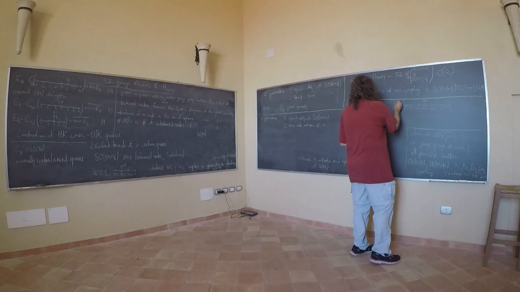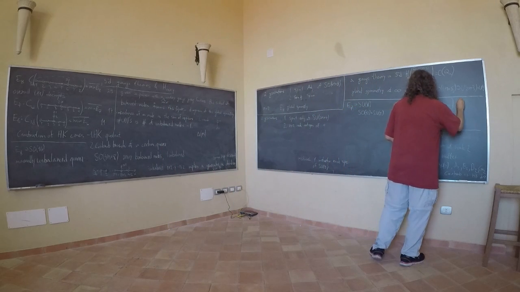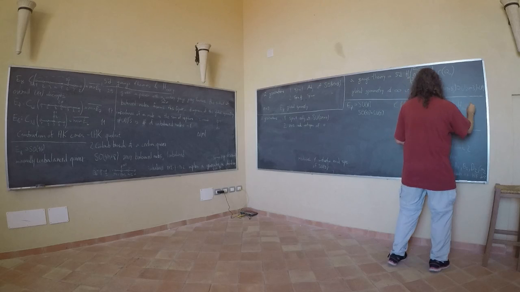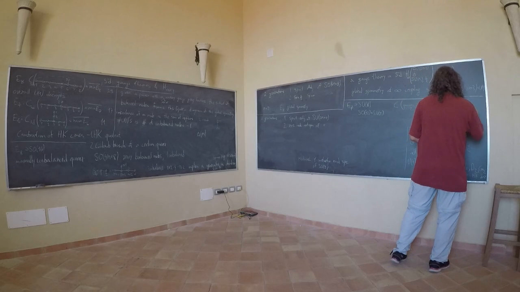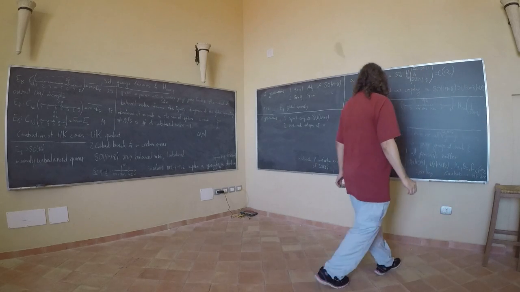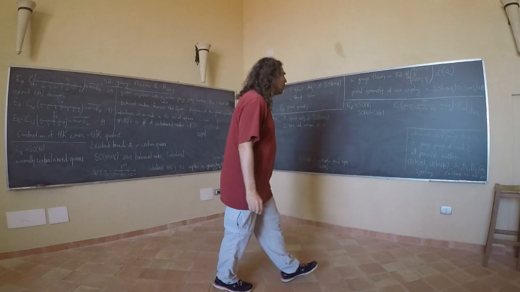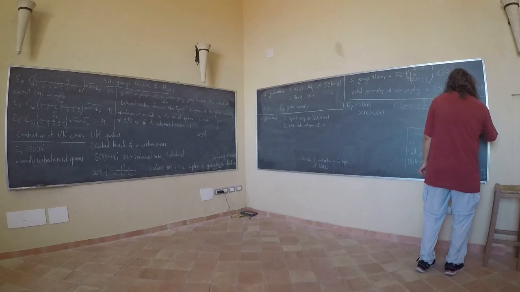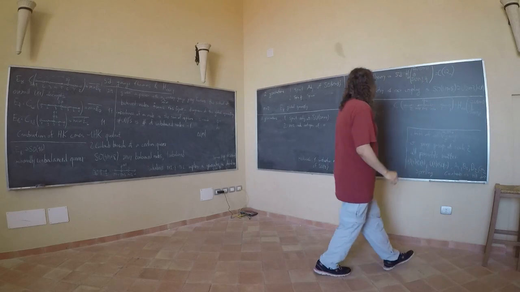So the Coulomb branch of this will be the Higgs branch of a quiver that starts as an SU with Chern-Simons level 0, and the flavor group is 2U plus 2. Okay?